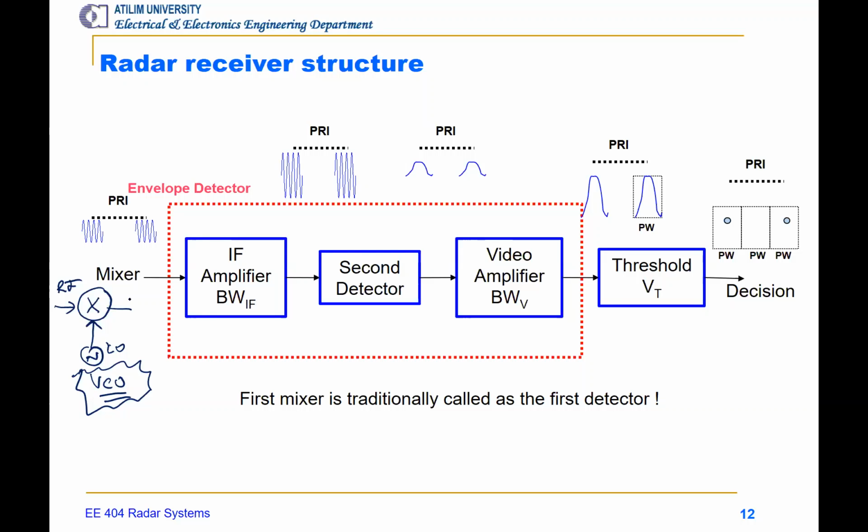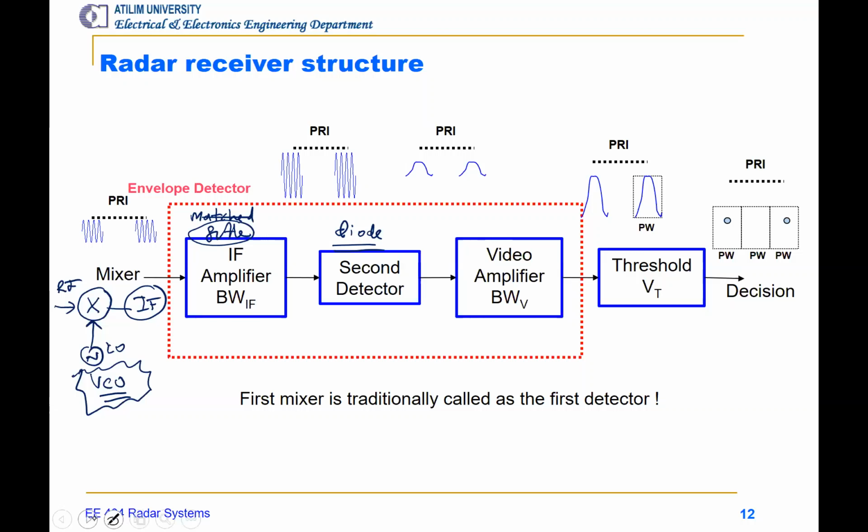So the output will be applied to the IF stage. Now at the IF stage, what do we have? We got a matched filter here. As we said earlier, this was the IF stage in the previous slide. Following this, we got a second detector, usually a diode detector, and then a video amplifier.